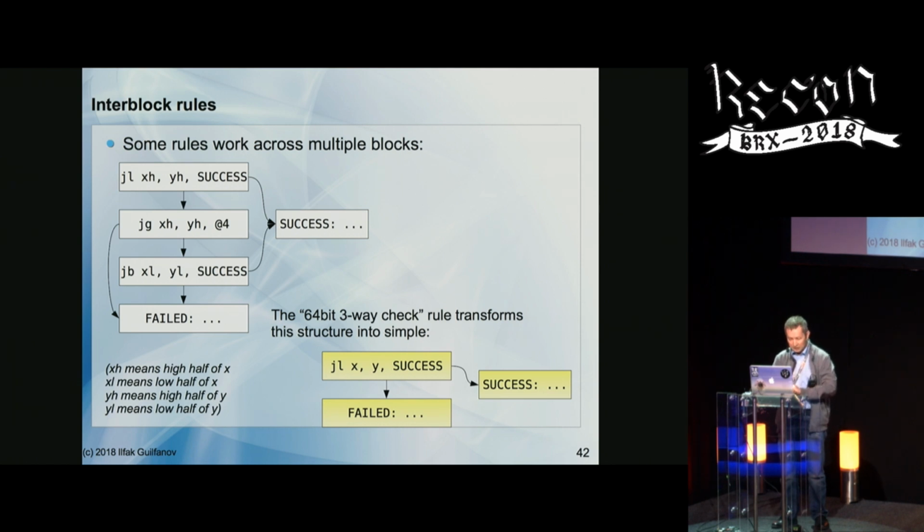Otherwise, we compare the high blocks for if they are greater. If not, then they must be equal. Therefore, we have to compare the low parts to decide what happens. The decompiler can recognize this pattern and convert it into a simple one line when we say jump less, X, Y, and success.